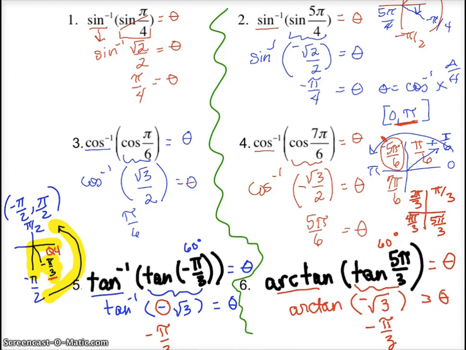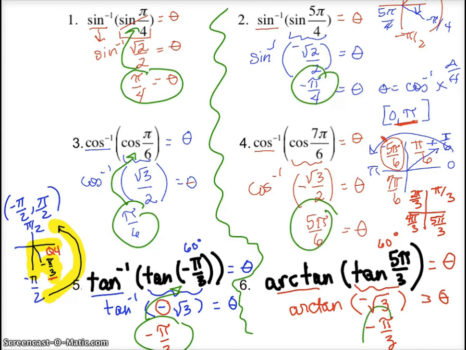And I want you to see if you can determine how the solutions for 1, 3, and 5 compare with the initial value in parentheses. And then how do the solutions for 2, 4, and 6 compare as well? And see if you can notice any patterns there. Take a moment and analyze that.